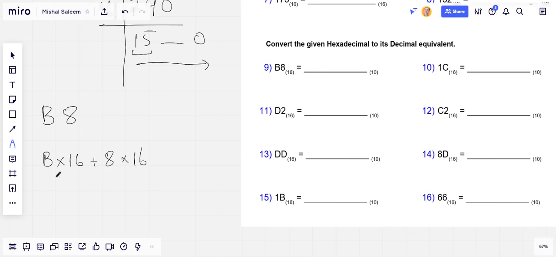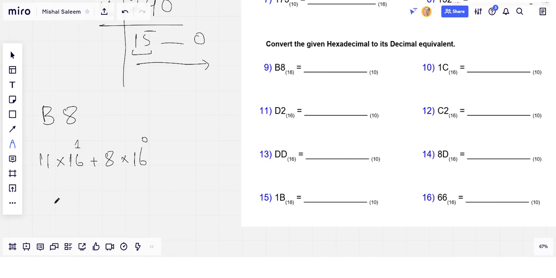If you remember the binary numbers, we multiplied each and every binary digit by 2 and then added the digits.